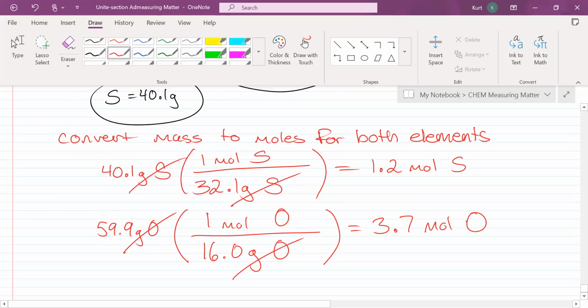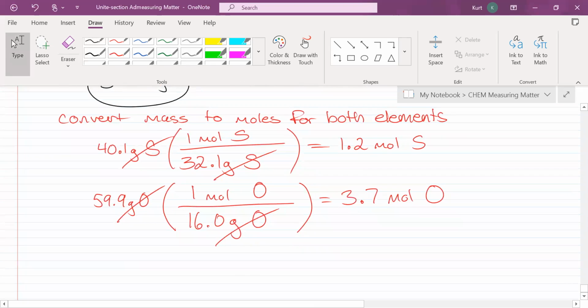Y'all with me so far? Anybody fallen off the train? David? What about the sig figs? We're not done yet. We're going to consider sig figs at the very end. Okay, are there any problems with converting the masses to moles?